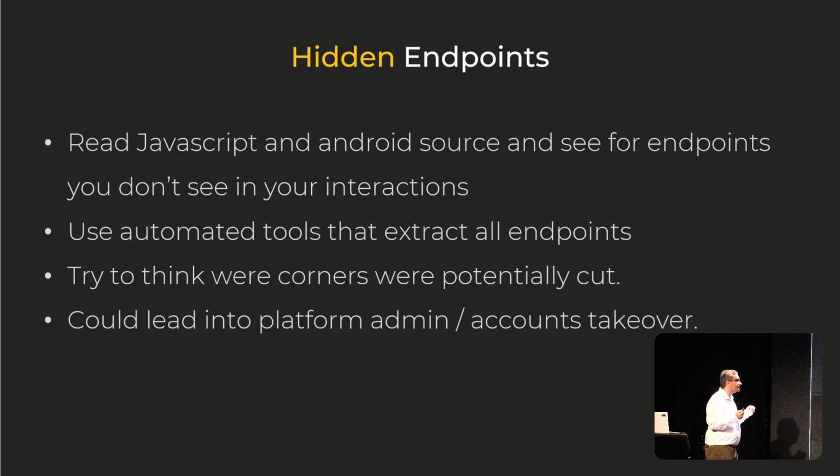So this is an interesting endpoint. Use automated tools. Burp has a really good extractor for all endpoints. Try to think where the developers would potentially cut corners and go there. And it could lead into really, really interesting stuff, as you're going to see later on.